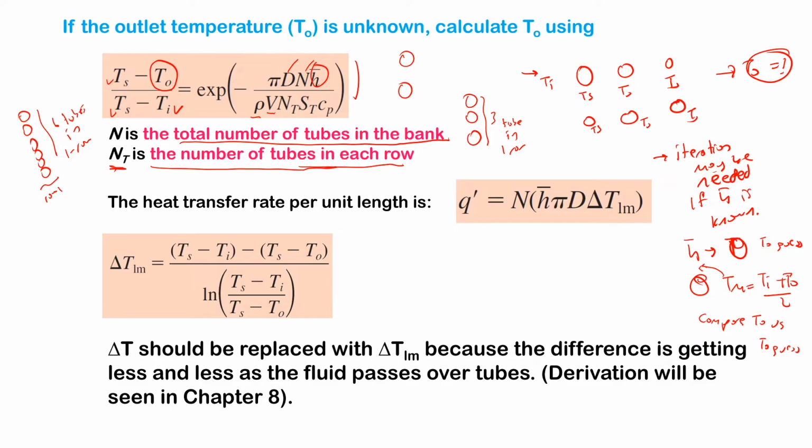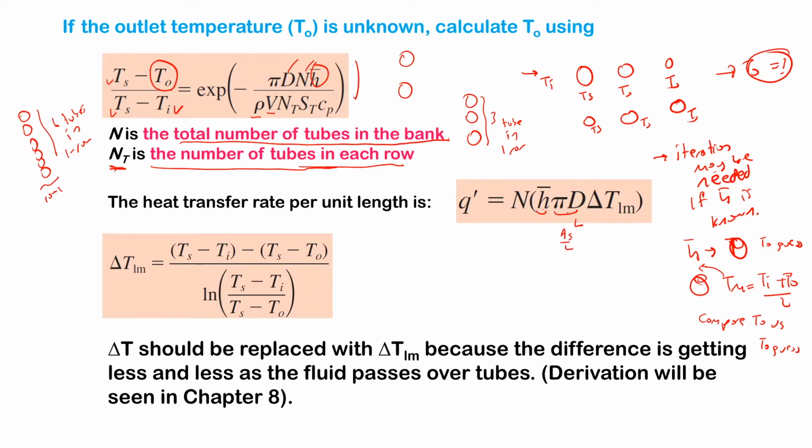And if you would like to calculate the heat transfer rate per unit length, we need to use this equation. This is h bar times pi d, and actually it is pi d L, but we are calculating per unit length. So h times pi d, this is area over length.